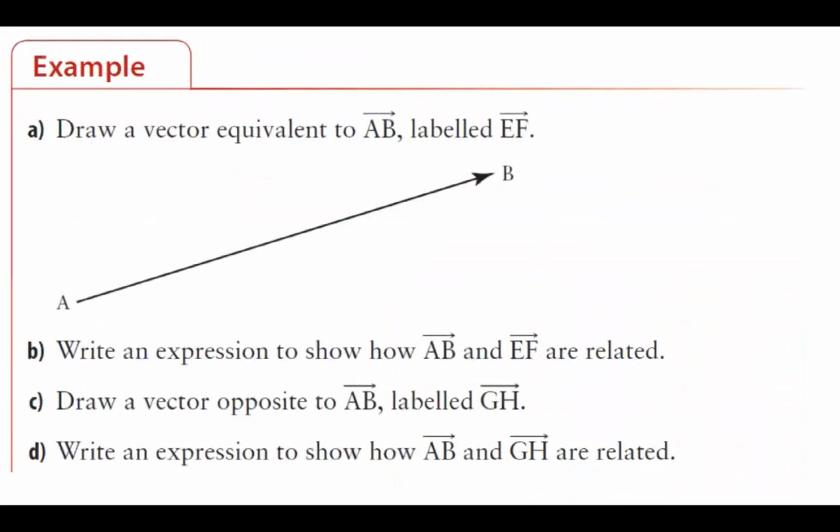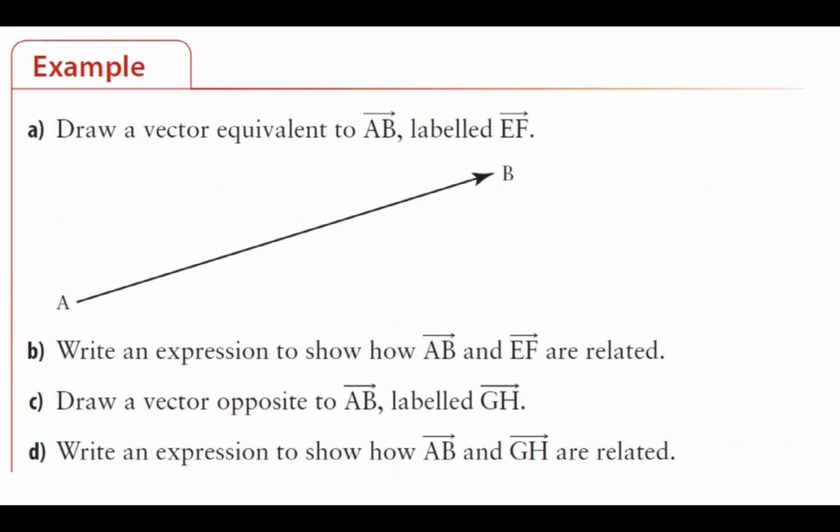Okay, so next let's have a look at an example to check your understanding of this concept. Question A, draw a vector equivalent to vector AB labeled EF. Can you do that?